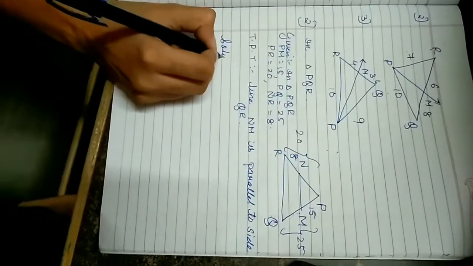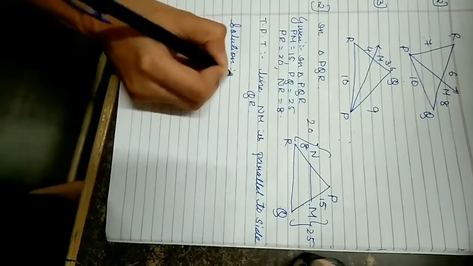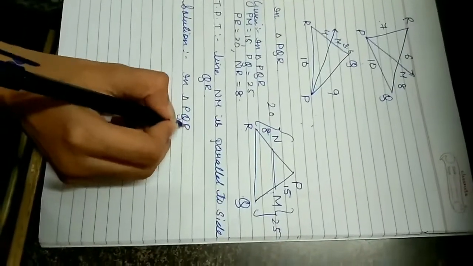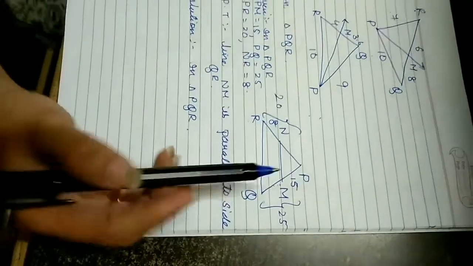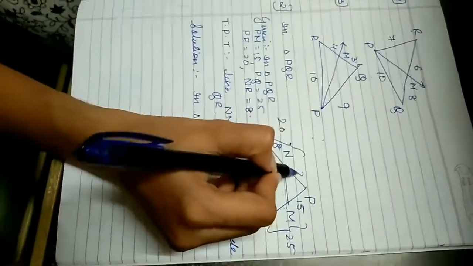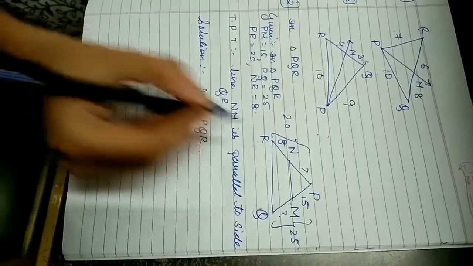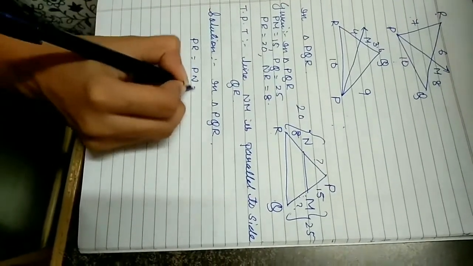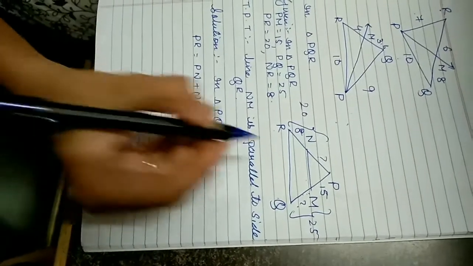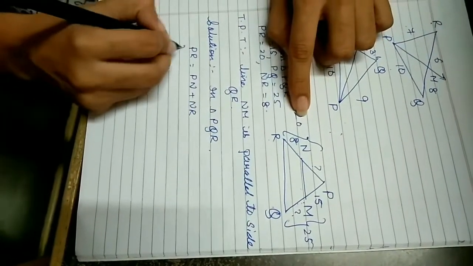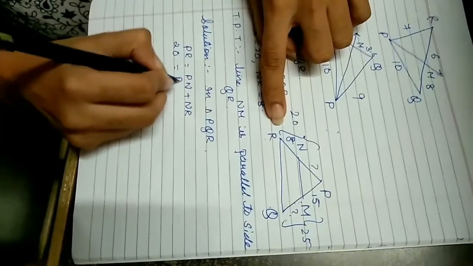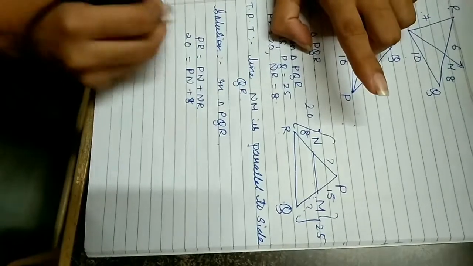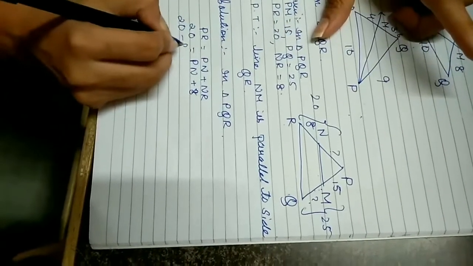Solution: in triangle PQR. Now to find the ratios we need the value of PN and MQ. Now PR is equal to PN plus NR. Value of PR is 20, PN will remain as it is, NR is 8. 20 minus 8, shifting this side.